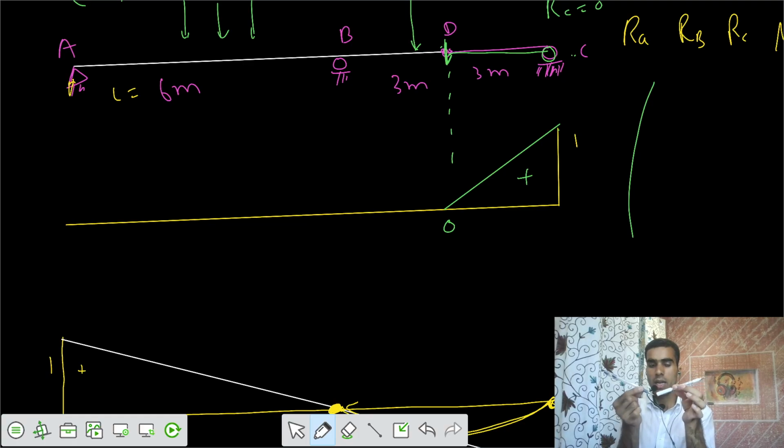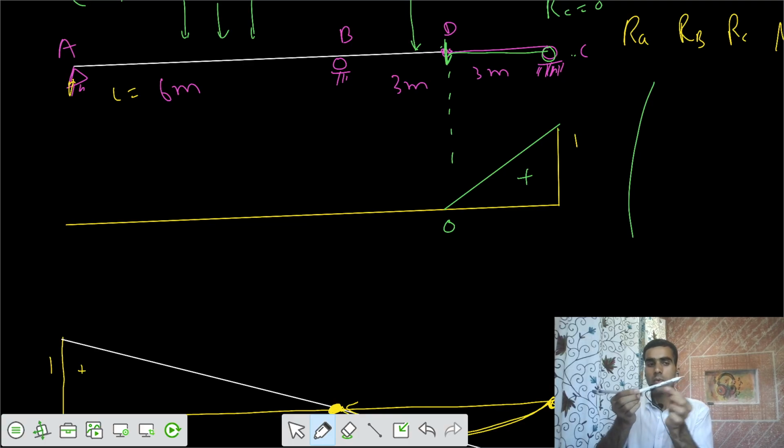Now if this is the variation, we say that support A has gone upwards. Okay, no problem. Support C has gone upwards. Support hinge has also gone downwards. Okay, no problem. And after support B has reached its original location.